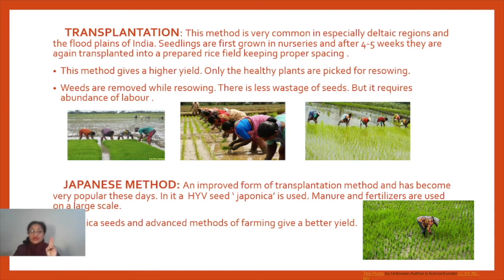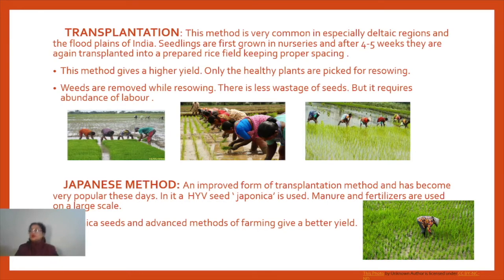Number 2, we are able to remove the weeds at that place only. When we are taking out the seedlings from there, we remove the weeds. So only healthy plants come to the actual rice field, and the wastage of seeds is very less. Moreover, the problem of weeds is one of the common problems in rice cultivation, and we have sorted it out in the beginning only.